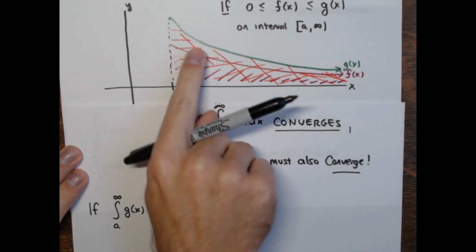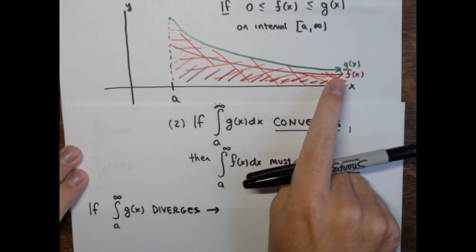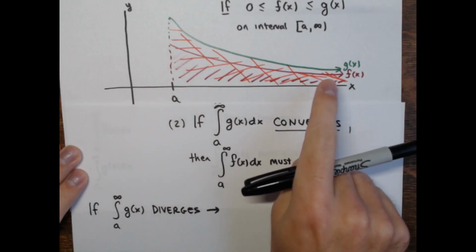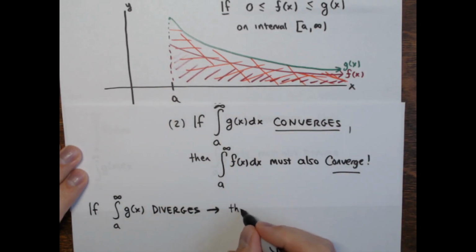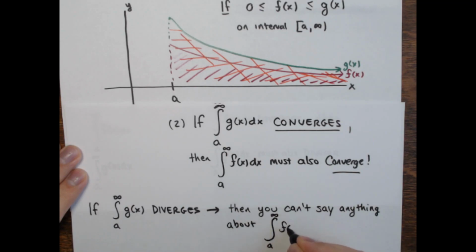If the larger one diverges, the smaller one could be small enough where it converges, but it could also be big enough to diverge, right? You can't tell. Then you can't say anything about the area under the smaller one, under f. You can't conclude anything, right? It's inconclusive.